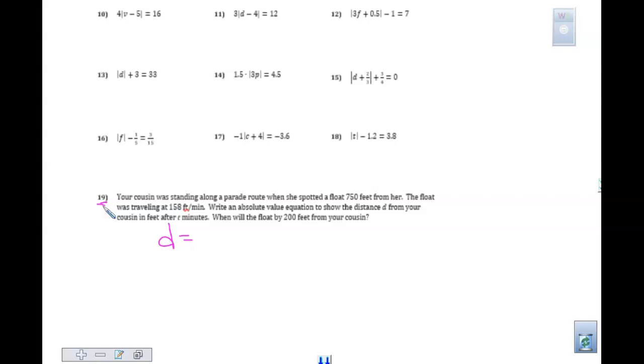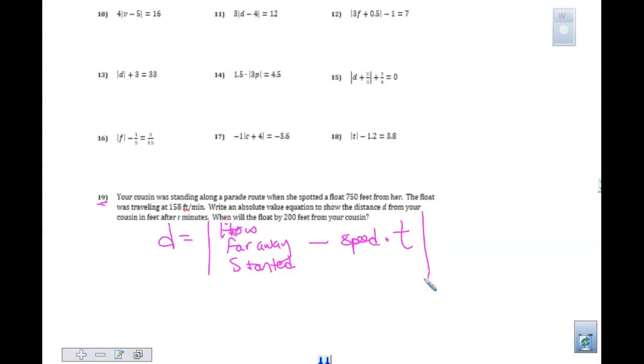Make sure, okay? So distance equals the absolute value of, first, how far away you started, minus the speed times time. So as I look at this problem, I'm thinking, what was the distance?